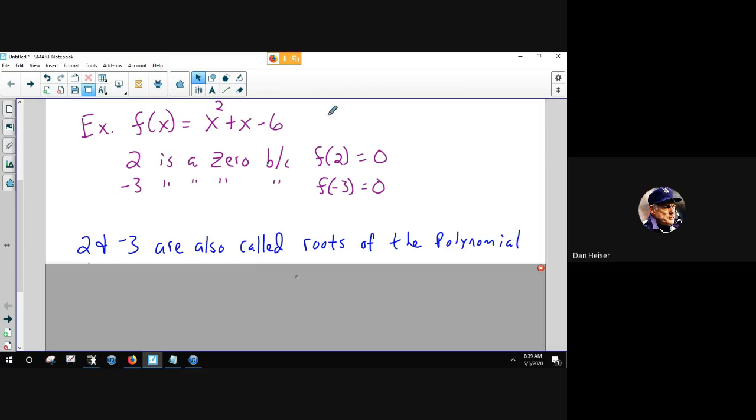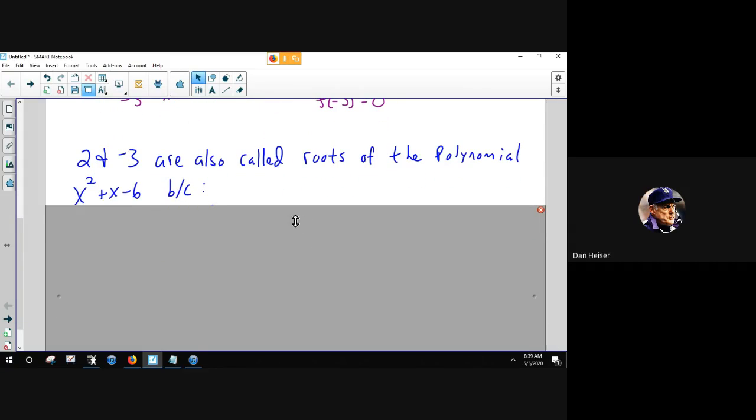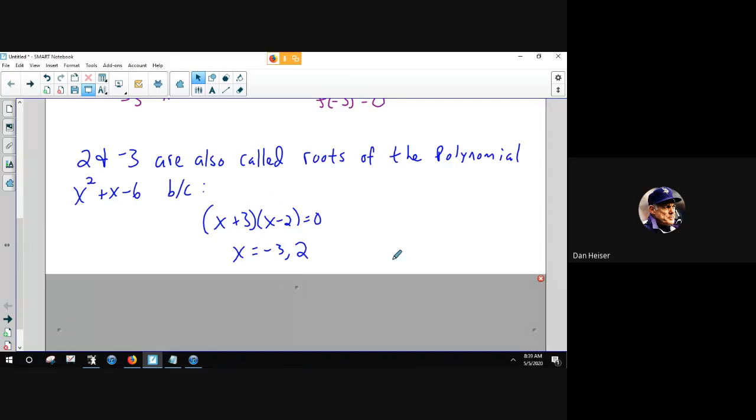In the previous example, the degree is 2, and we actually get 2 roots. We know we get 2 roots because if we factor it, we get 2 unique factors. Each factor has its own unique solution. So we got 2 roots.